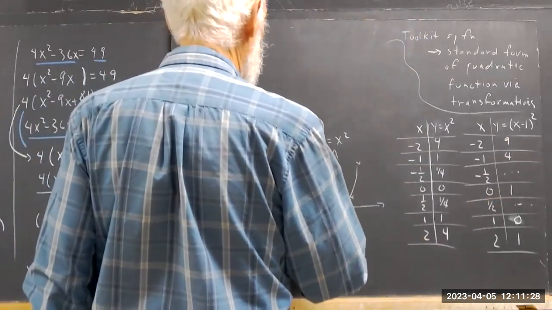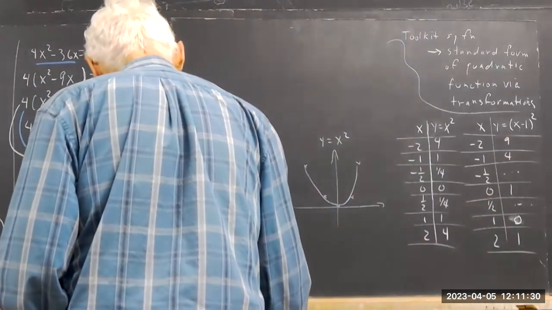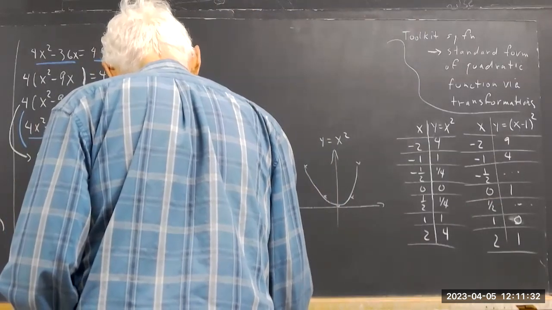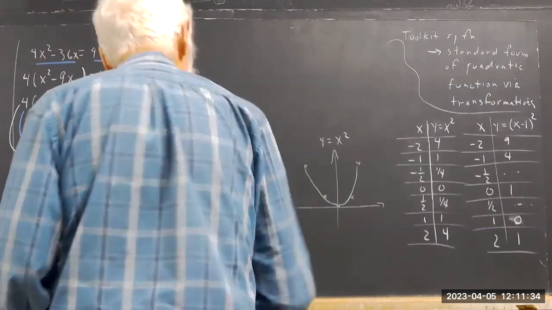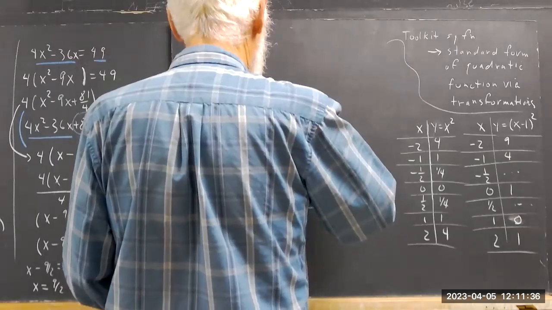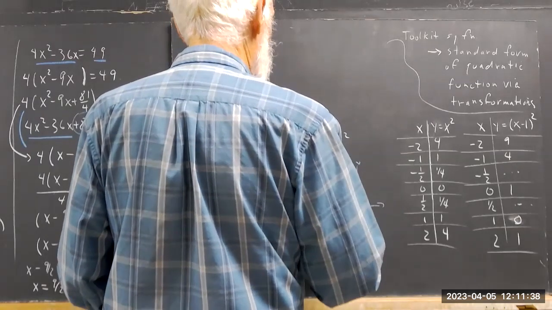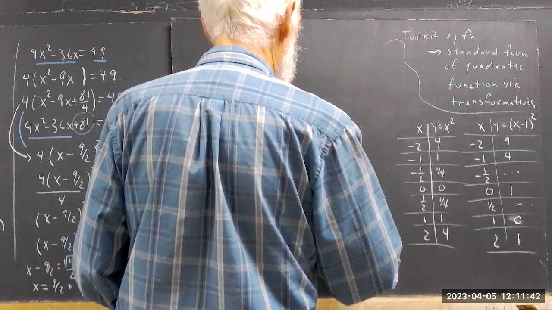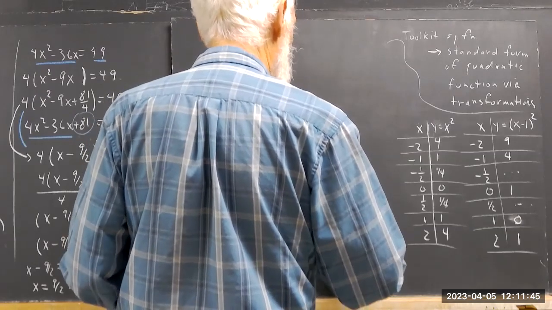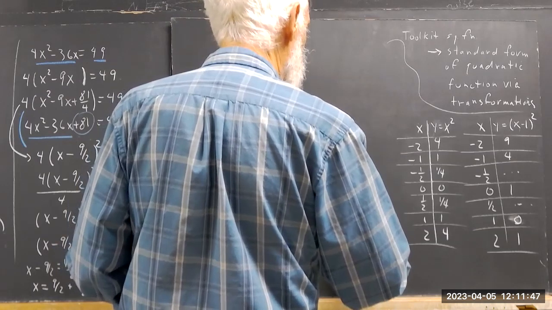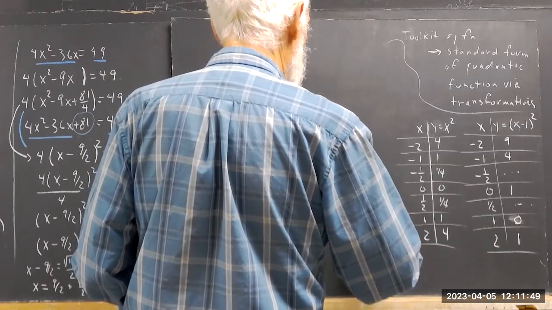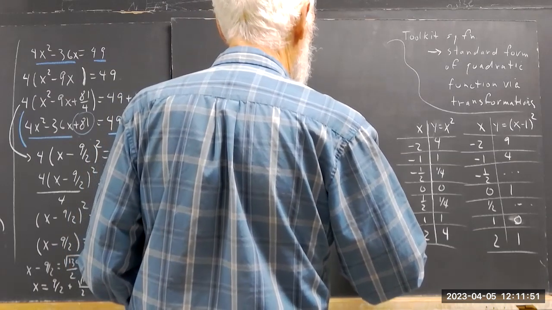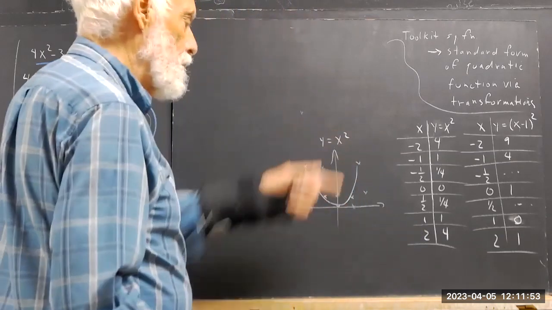So at -2, y equals 9. At -1, y is going to be 4, and at 0, y is going to be 1. When x equals 1, y is going to be 0. And when x equals 2, y is going to be 1.